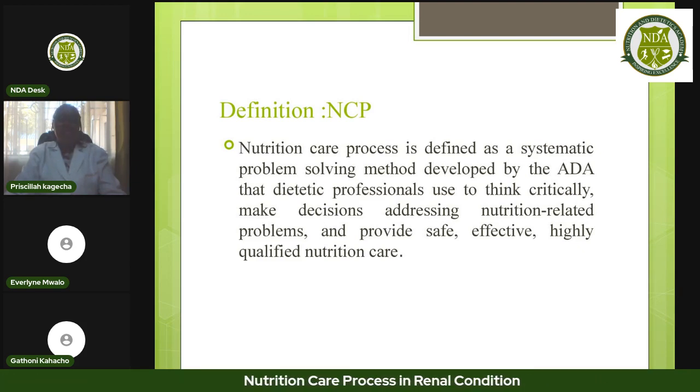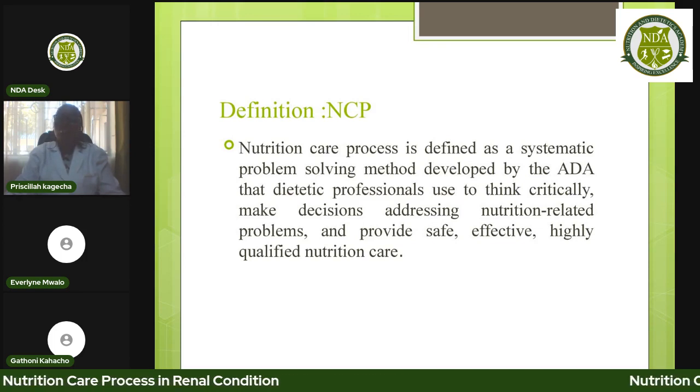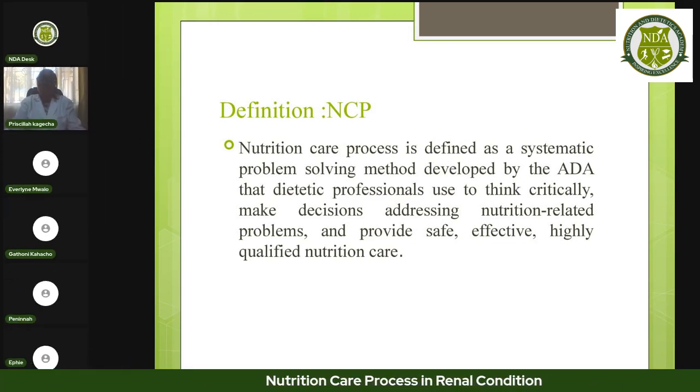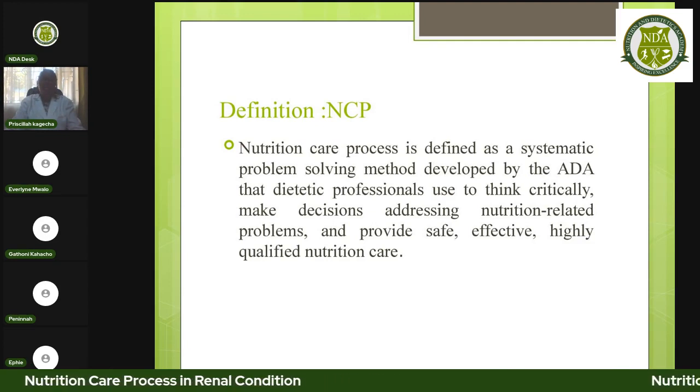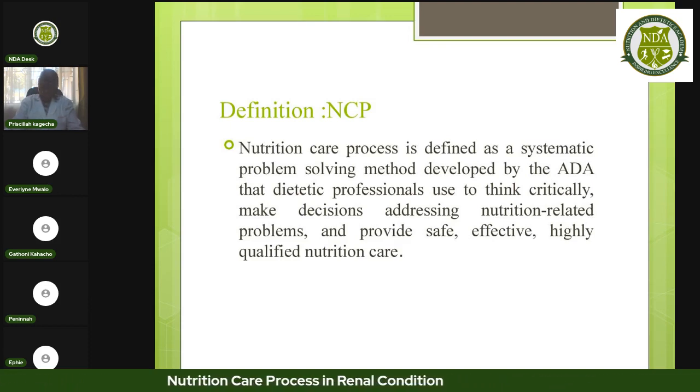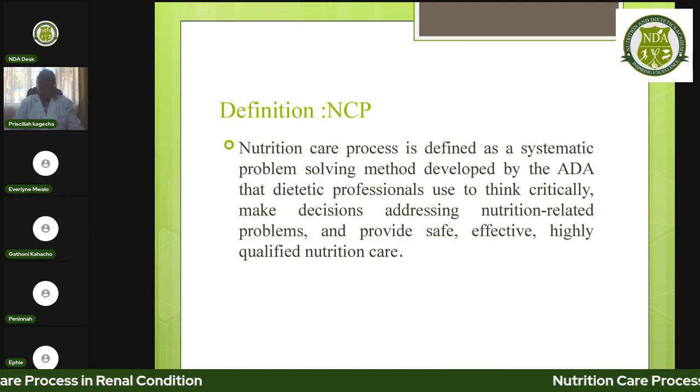Number four, influence and change the factors that contribute to an imbalance in the nutrition status, and therefore restore an improved state of nutritional health. Number five, prepare patients for transplant. And lastly, adjust the diet to cater for catabolic events that may come up.